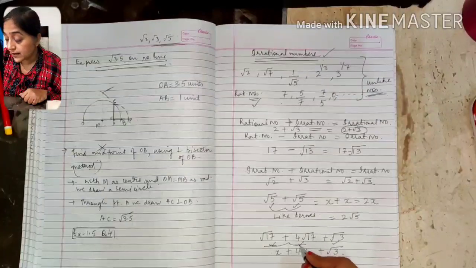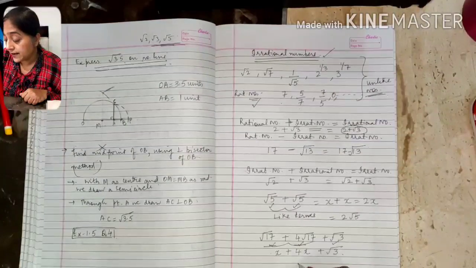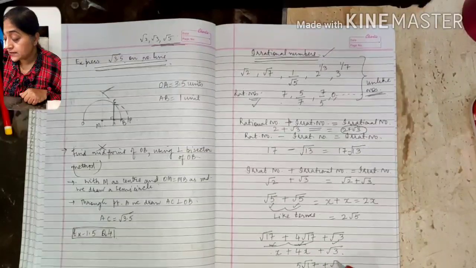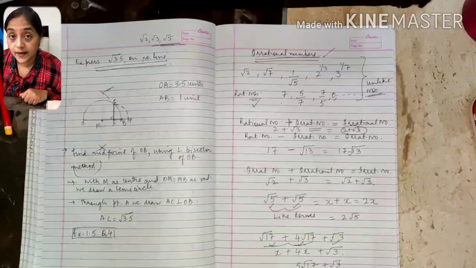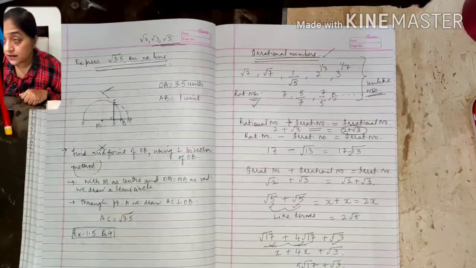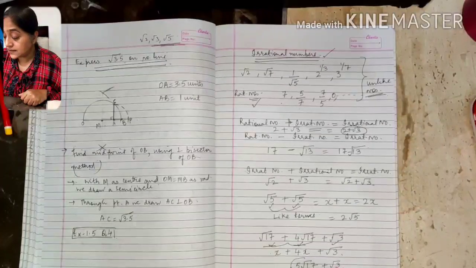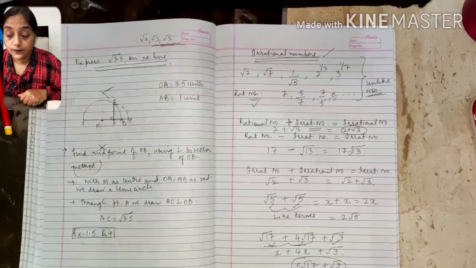So these two can be added up and I can write 5 root 17 plus root 3. Now here it is of the base 17 and here it is of the base 3. So these two cannot be added up. This is the answer for you.